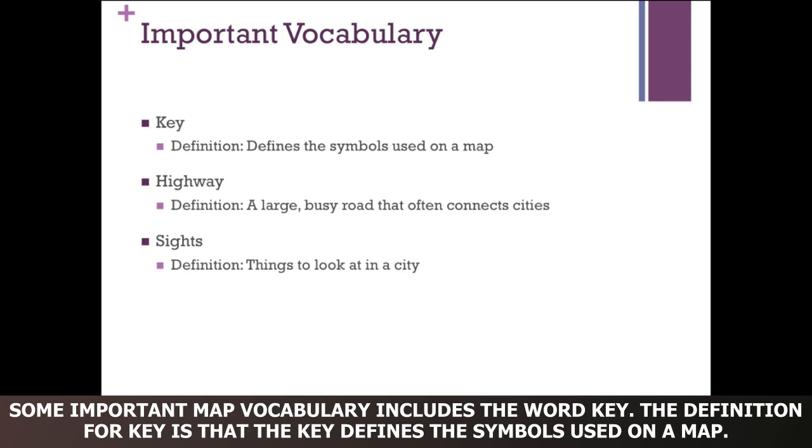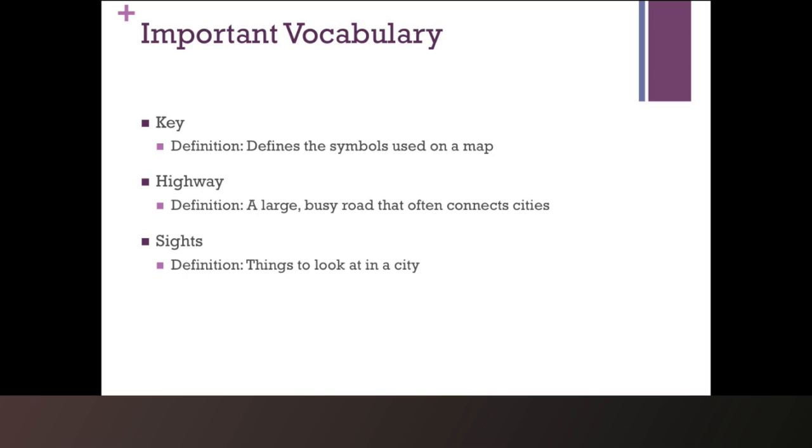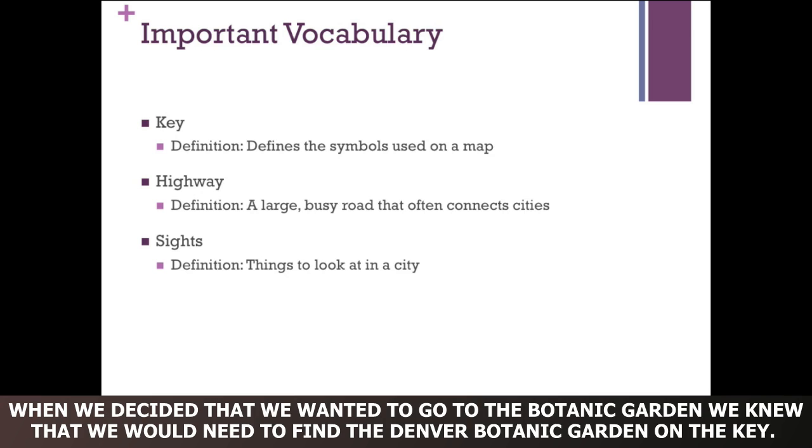The definition for key is that the key defines the symbols used on a map. When we decided that we wanted to go to the Botanic Garden, we knew that we would need to find the Denver Botanic Garden on the key.